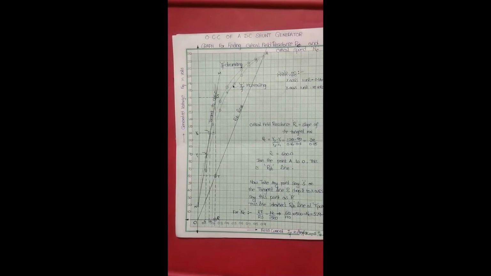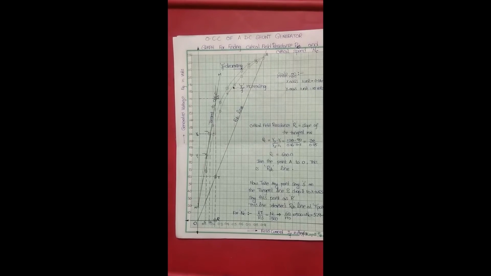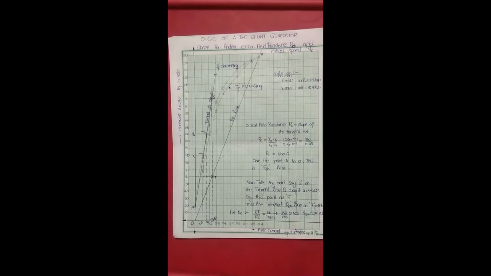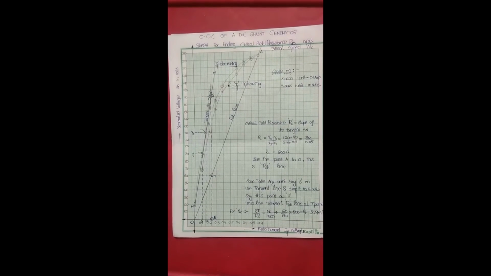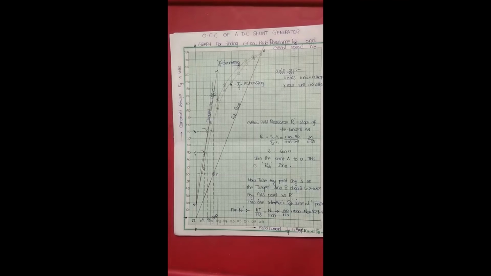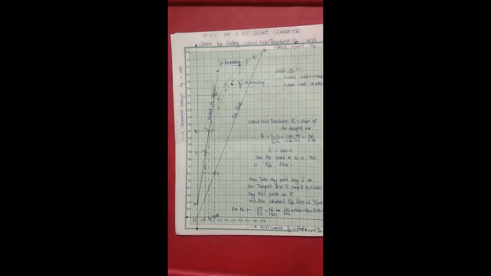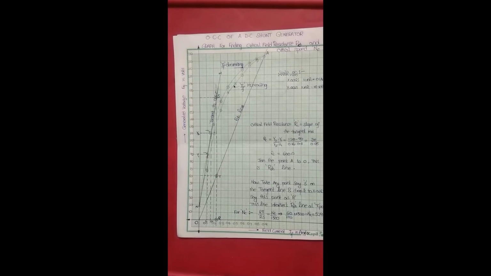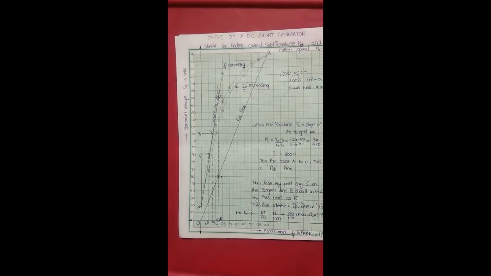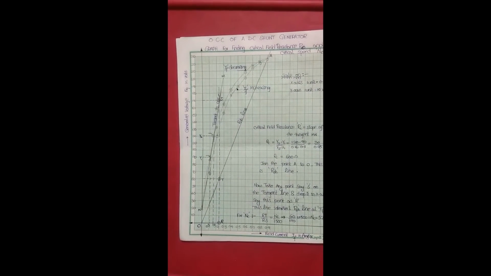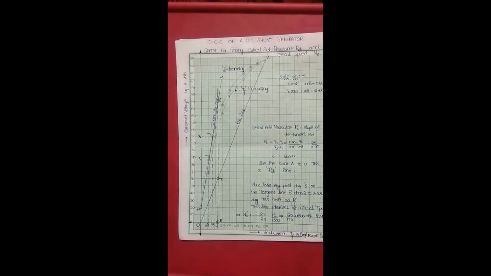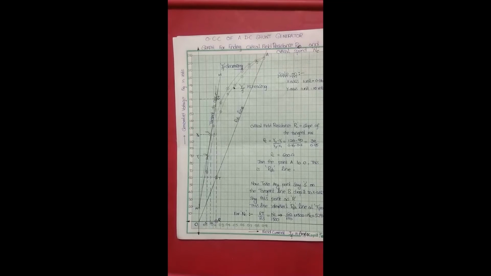Then I have taken a line which corresponds to your field resistance, that is the RSH line, starting from the origin and joining a point at the rated voltage of 224, which is marked as A. Now we have two lines: one is the RSH line and the second is the critical field resistance line. The critical field resistance line is MN and the RSH line is OA.